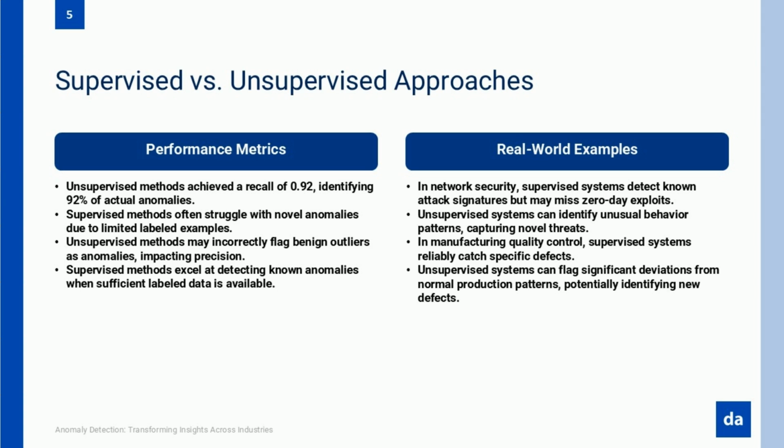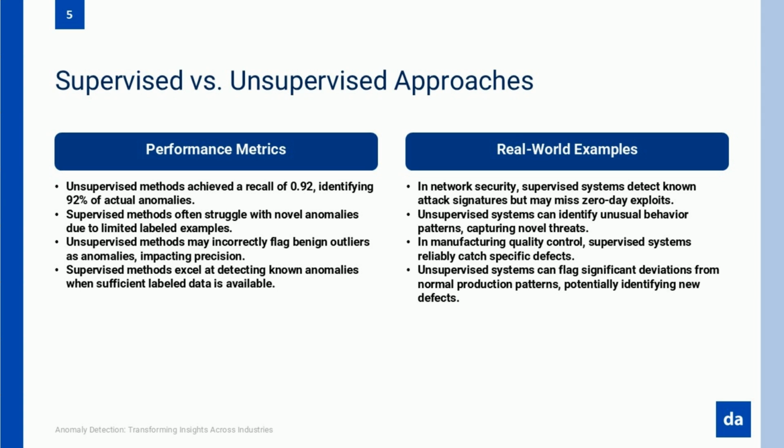When you do have sufficient labeled data, supervised methods shine at detecting specific types of known anomalies with high precision. They can learn the exact signatures of equipment failures, fraudulent transactions, or network intrusions that they've seen before, but therein lies their limitation.